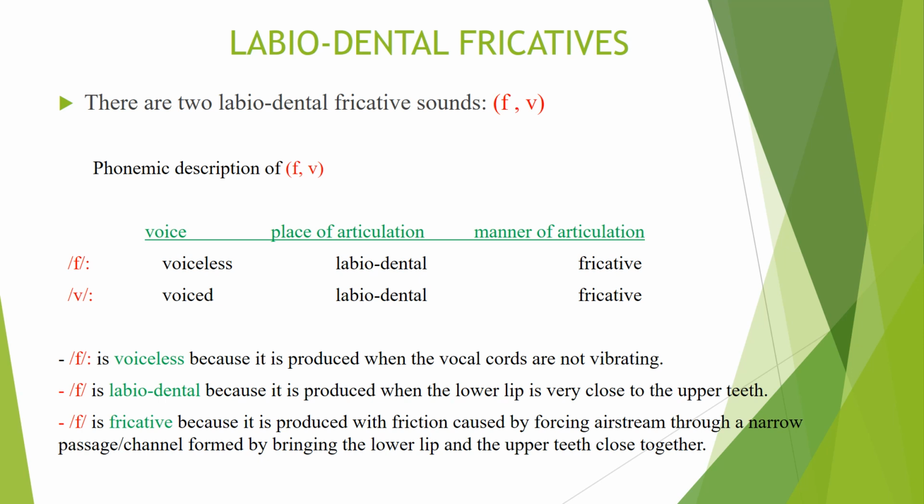If we need to describe them phonemically, we can say that f is voiceless labiodental fricative, whereas v is voiced labiodental fricative. Notice that we describe them according to voice, place of articulation, and manner of articulation.